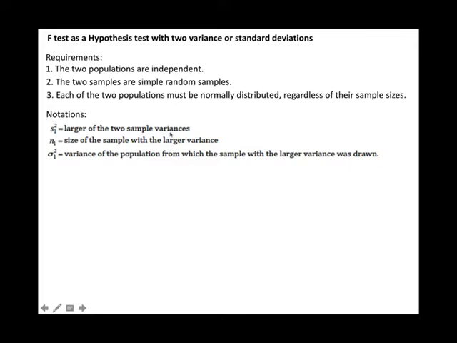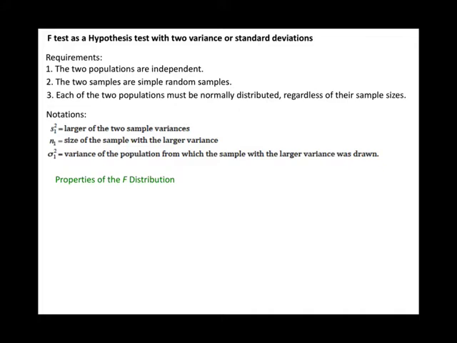That means when you look at the data of the two populations, first look at the sample variances. Which one is the larger one? The larger one will be your population 1, and the other one will be your population 2. And n is the sample size, and sigma squared is your population variance.